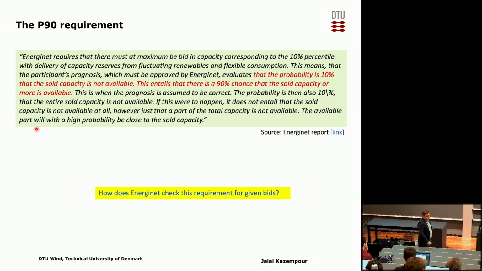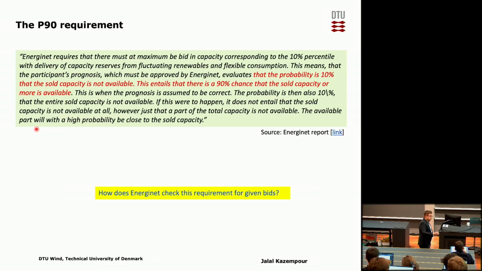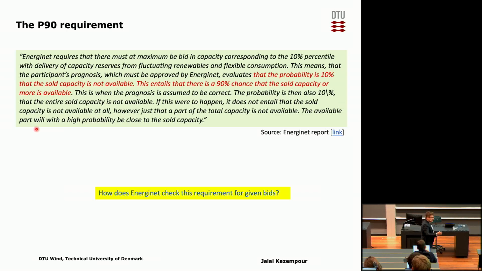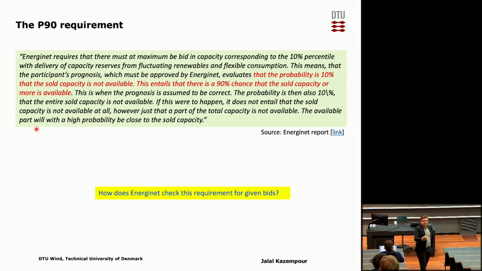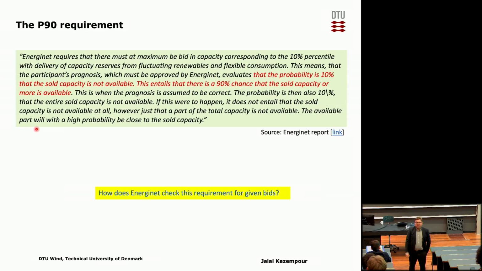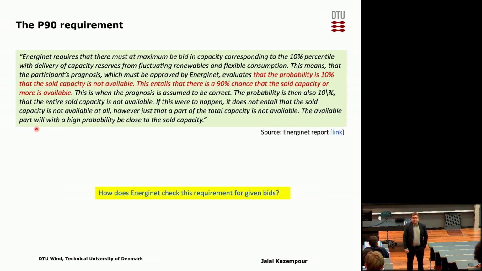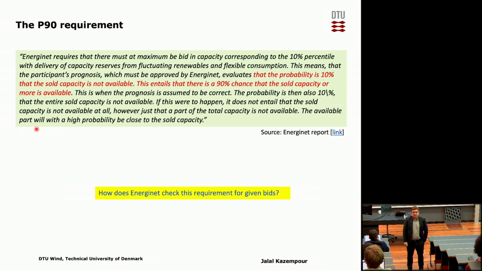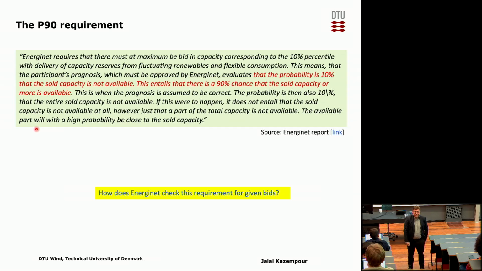One way is saying that, okay, maybe over a year I will activate 10 times. You know, FCR-D is not being activated often. And if your failure when I activate is more than 10%, then you are not following the P90. But it doesn't look like a good strategy, right? Because activation is not happening all the time.